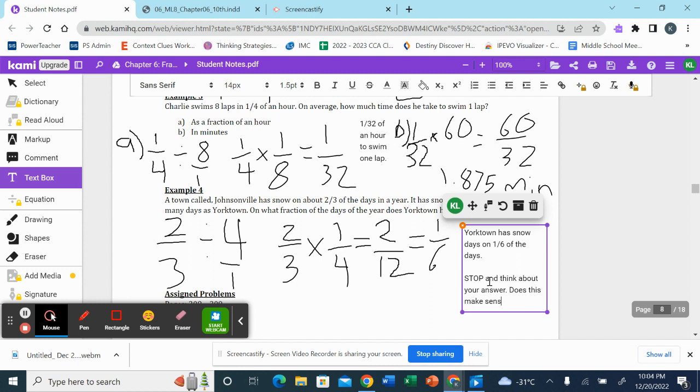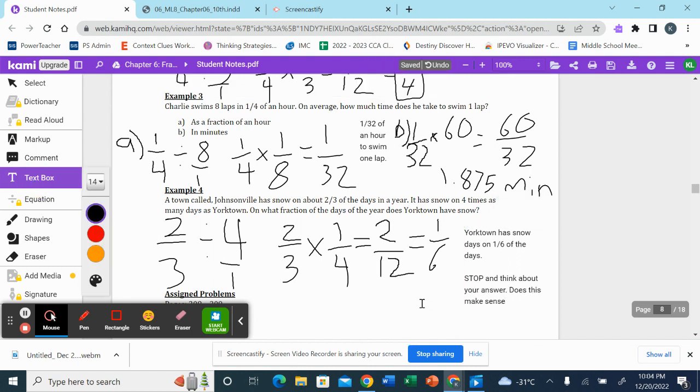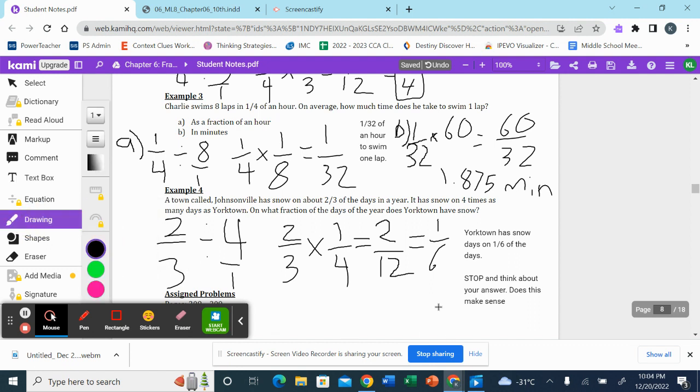Does this make sense? I can backtrack. Okay, if on 1/6 of the days it has snow, which is 4 times compared to Johnsville, I have 1/6 times 4 is equal to 4/6, or in simpler terms, 2/3.